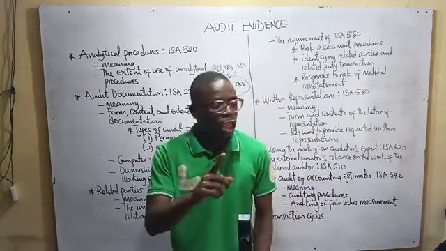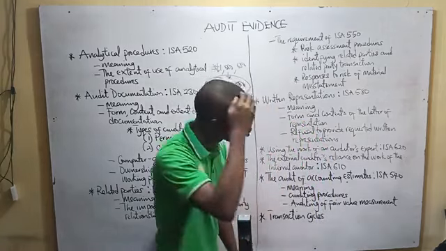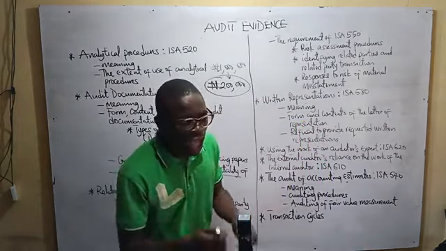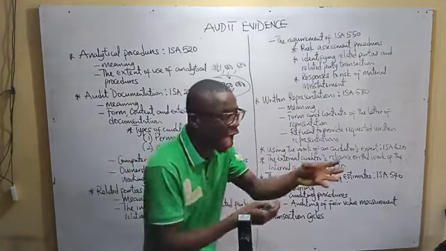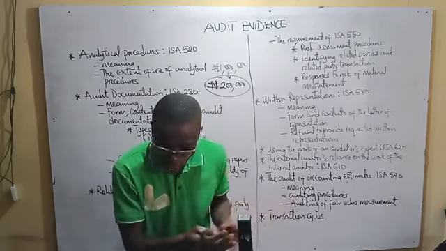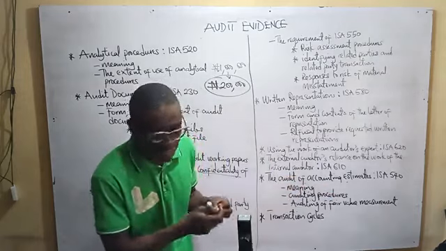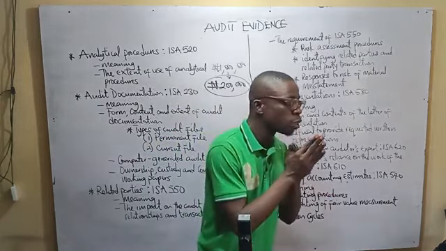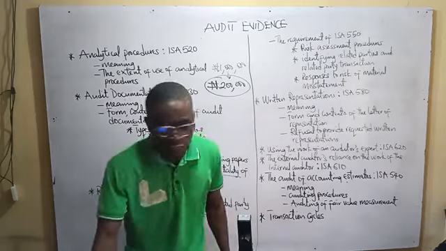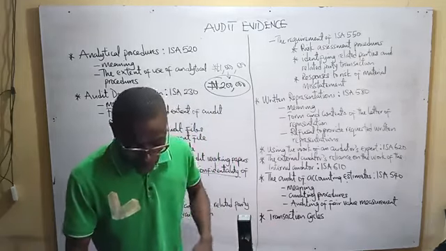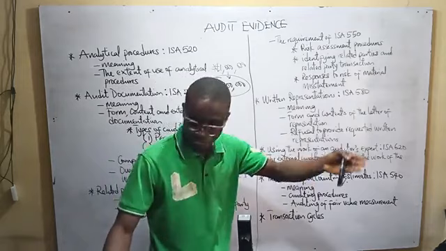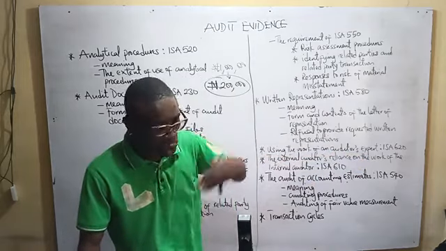That means if an expert wants to carry out work for you, you should have an engagement, you should have terms of engagement. That means there should be a letter of engagement that will state the scope, the nature and the objective of the expert's work, and the responsibility of the expert and the auditor.